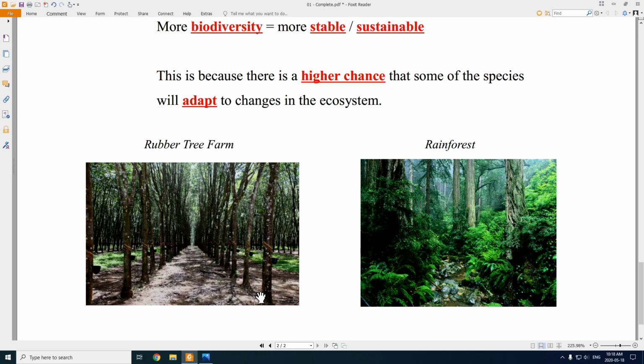So in this case, there's one type of tree. There's a little bit of grass growing there. In terms of living things, maybe there's a few rodents or insects, but it doesn't seem like there's much. So in this case, we have very limited types of species here. One type of tree, one type of grass, maybe a couple of different small animals. So we say this is a low biodiversity.